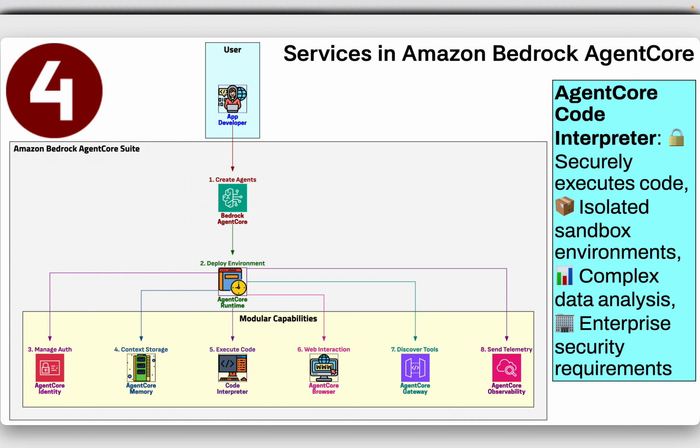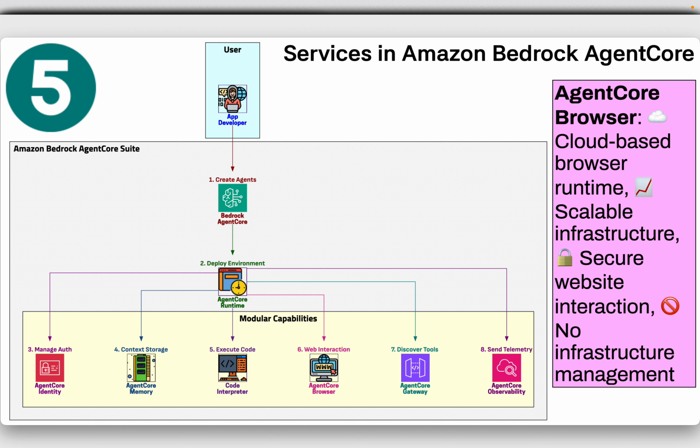Fourth service is AgentCore Code Interpreter, which enables agents to securely execute code within isolated sandbox environments, supporting complex data analysis and enterprise security requirements. Fifth service is AgentCore Browser, and it offers a scalable, cloud-based browser runtime that allows agents to interact securely with websites without requiring infrastructure management.